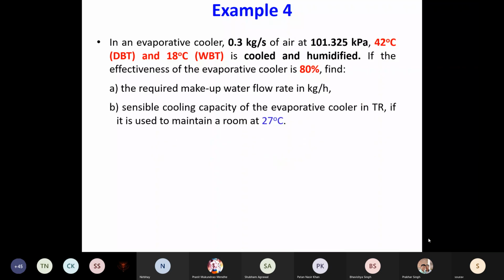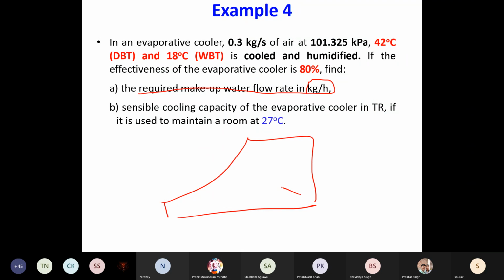Now it is asked what is the required makeup water in kg per hour. So once you have identified the process line, so this is 1, this is 2, just check the humidity ratios, W2, W1. So m of air times W2 minus W1 will give you the amount of water which has evaporated.